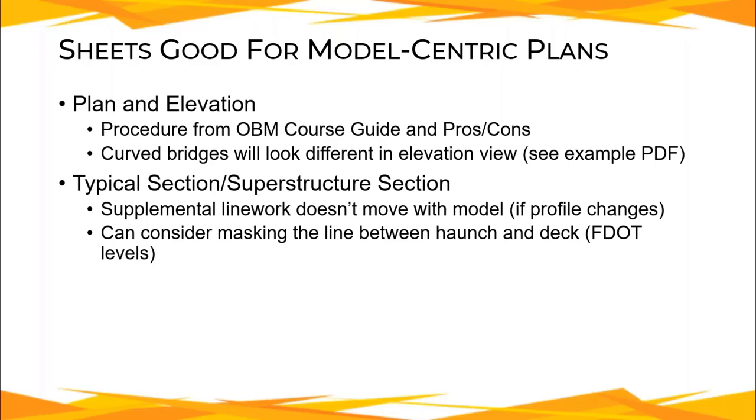Because they're separate elements, you're going to see a line at the interface between the deck and the top of the haunch, which technically doesn't exist because that haunch gets poured in with the deck. That's all one pour. And you don't necessarily want to see that line on a set of plans because it could be considered a construction joint. Although I think everyone knows that when you're pouring a deck, you're going to pour that all in one pour.